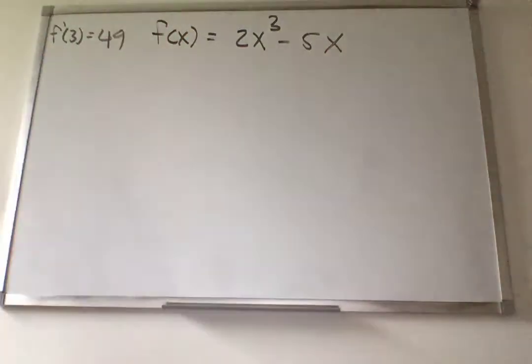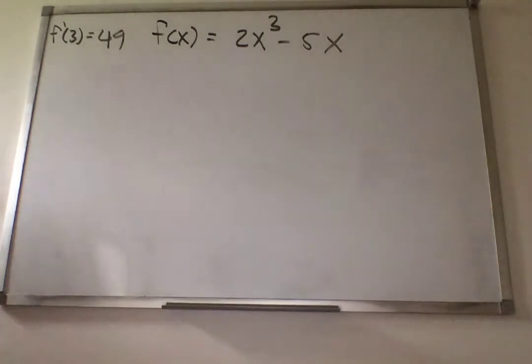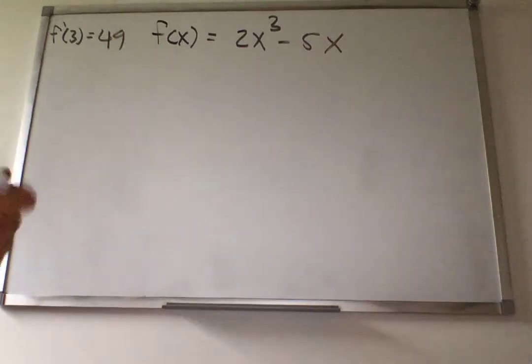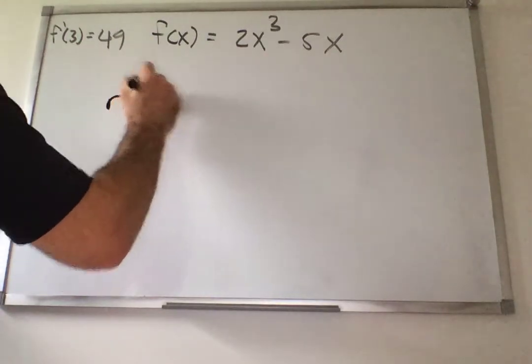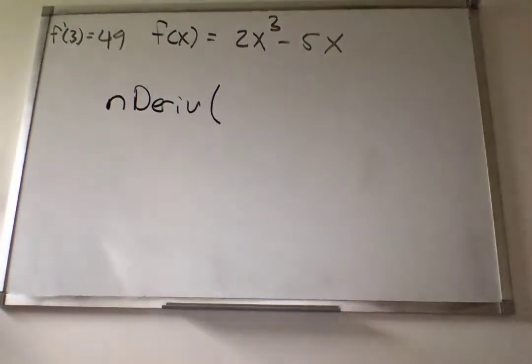Now, some of you may not have it where your nDeriv shows the d over dx and stuff like that. On your main screen, it's going to say nDeriv with a parenthesis.